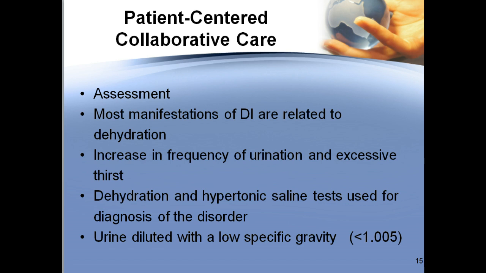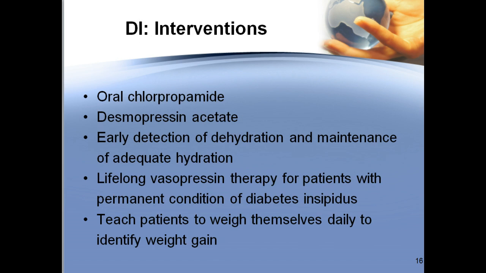You're going to use a hypertonic saline test for diagnosis of the disorder. If the urine is dilute with a low specific gravity, which is less than 1.005, that may be an indication.